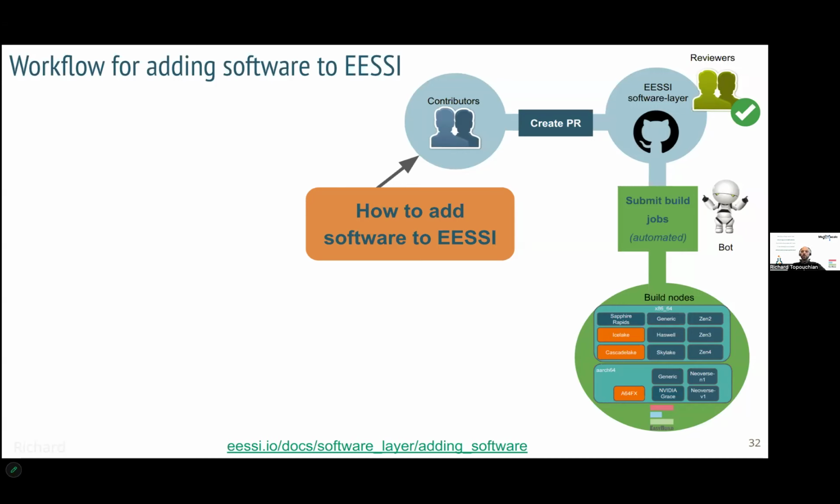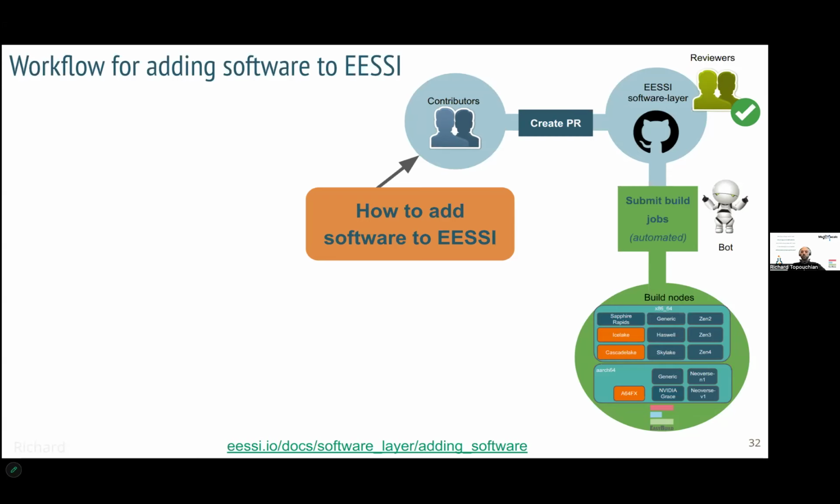For x86-64, a software stack exists for AMD Zen 2, AMD Zen 3, and AMD Zen 4. For Intel Haswell, Intel Skylake, and Intel Sapphire Rapids. And there is also the generic, which is the default in case you are on an x86-64 CPU microarchitecture that is not yet supported by Easy.